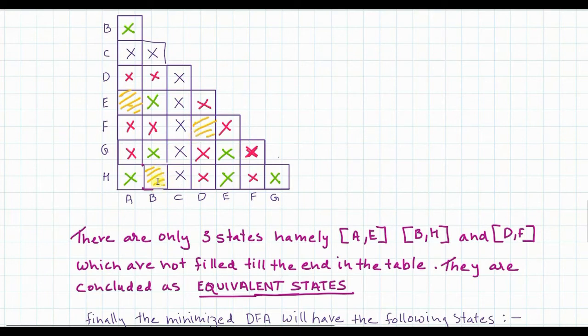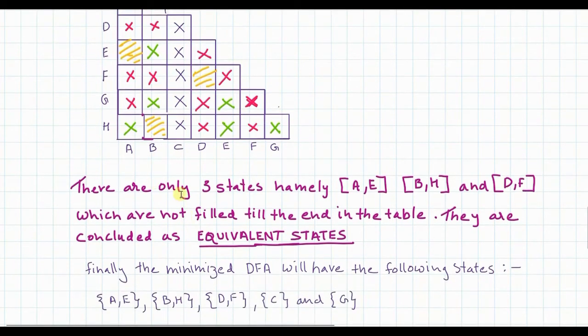It simply means that the two states which it represents, that is H comma B, are not distinguishable, and if something is not distinguishable, then it has to be equivalent. So the entire procedure that we have done so far is just to find which states in the original DFA are equivalent. As a result, we have found out that A comma E, B comma H and D comma F are the three cells which are not filled.